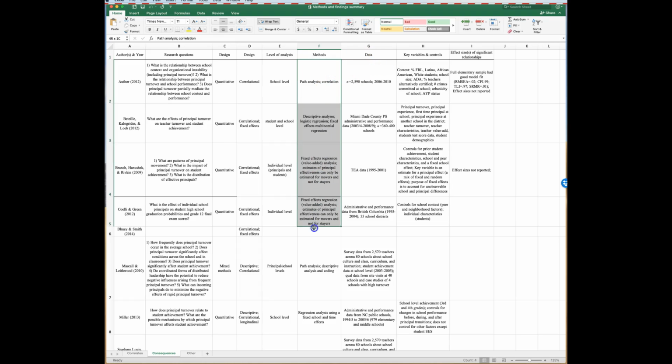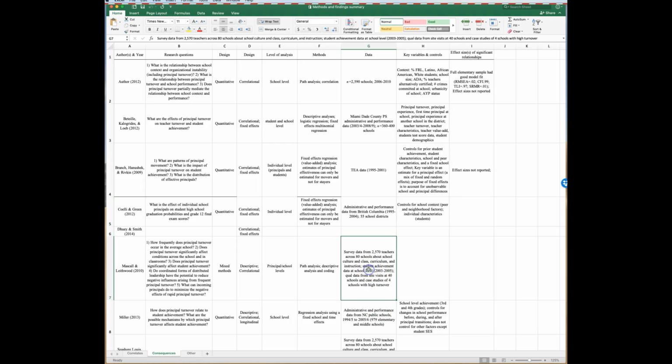Most of these studies, although not all of them, are quantitative, the kinds of data they use, where they were from. So for example, these are from Miami, these data are from Texas, these are from British Columbia. This is survey data, what they controlled for, because this is something that, again, differentiates across these studies. And then I have some information about effect sizes.